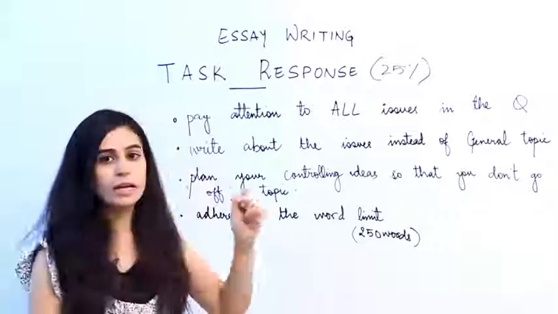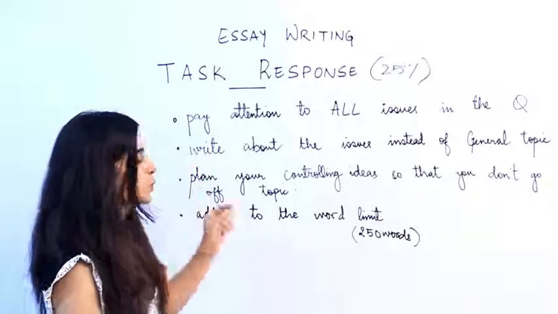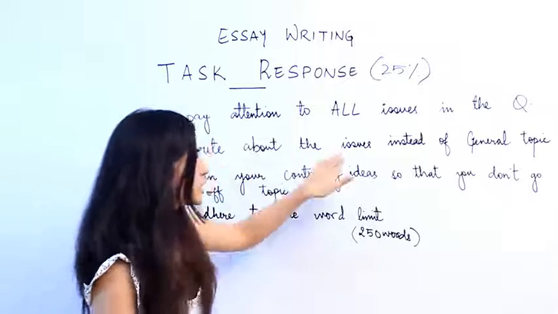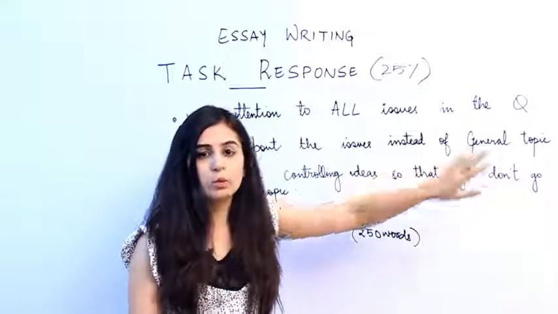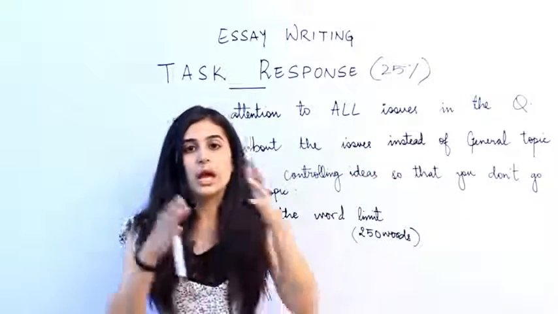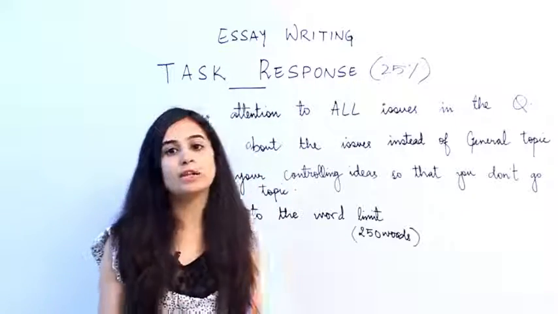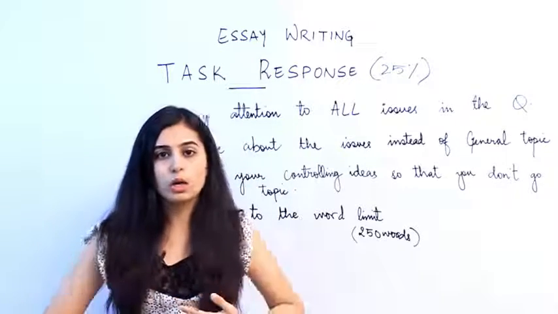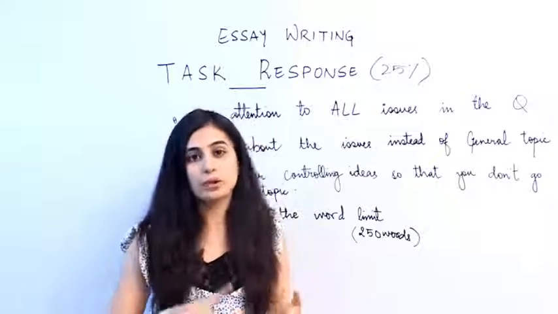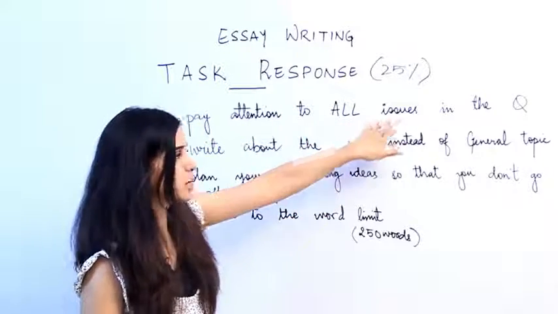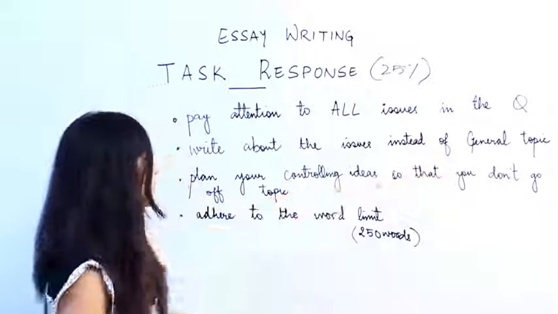So I hope now you realize what went wrong when it comes to task response. Write about the issue instead of the general topic. You don't have to tell the benefits and the disadvantages of tourism. You have to tell the impact of tourism on local culture and whether banning tourism would help or not. I hope I'm clear. Address the issue, not the general topic.